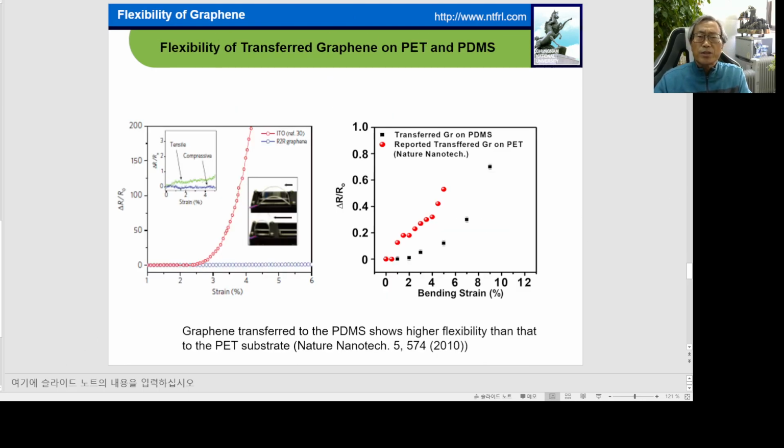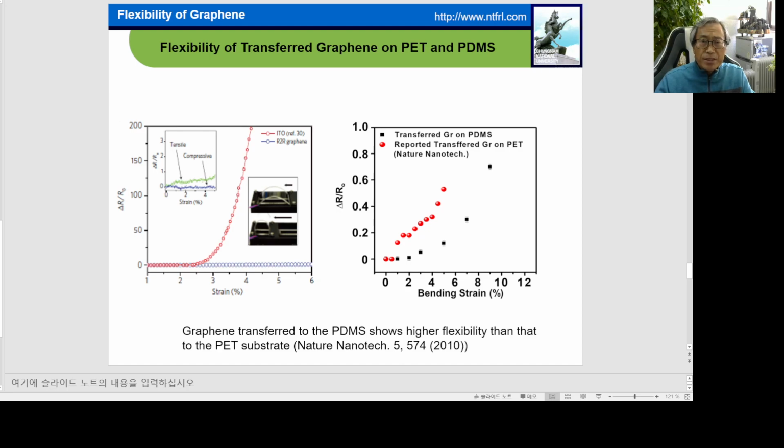So from this result, we want to describe the flexibility. This one is reported data in Nature Nanotechnology using transferred graphene onto the pad. You can see this is graphene, and this is an inset figure.